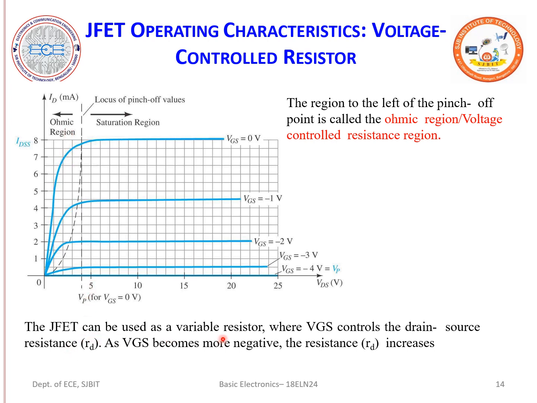The JFET can be used as a variable resistor where VGS controls the drain resistance RD as VGS becomes more and more negative. That is what is shown in this curve. As VGS becomes more and more negative, the resistance RD increases, and I can say the current is going to decrease. As the resistance increases, the current decreases.